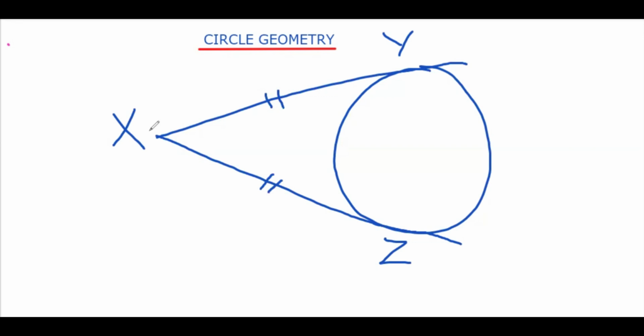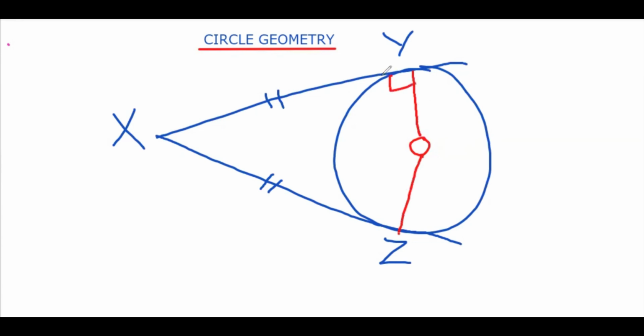Number one is that I can connect YZ and see XYZ as an isosceles triangle, such that the base angles will be here and here. Another thing I can do is, if I have the center of this circle, you know that a theorem says that a radius OY to this tangent has a 90-degree angle between them.